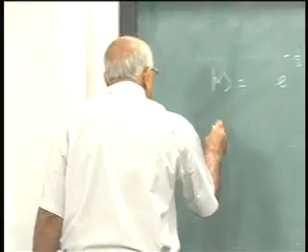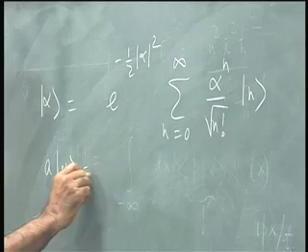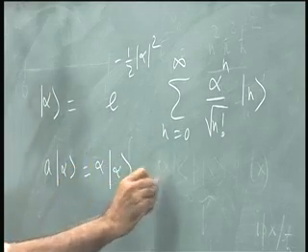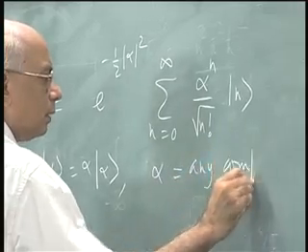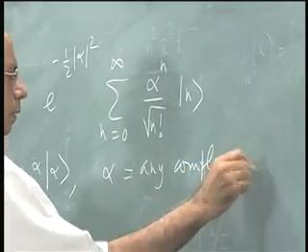And we know that a on alpha is alpha on alpha, alpha equal to any complex number.